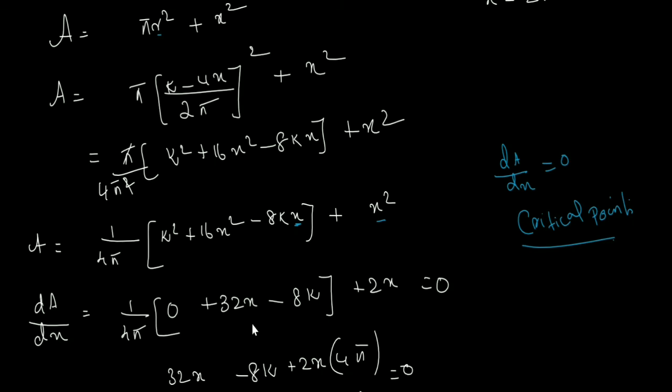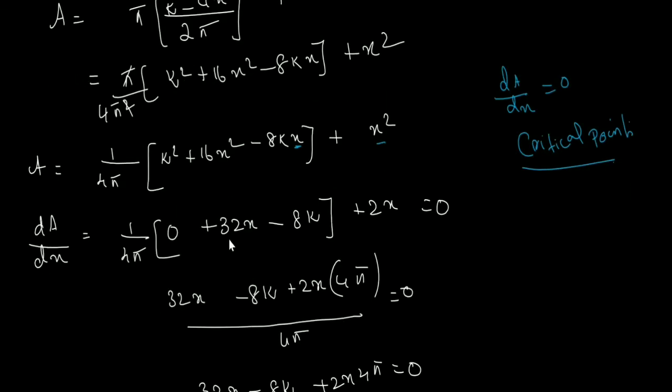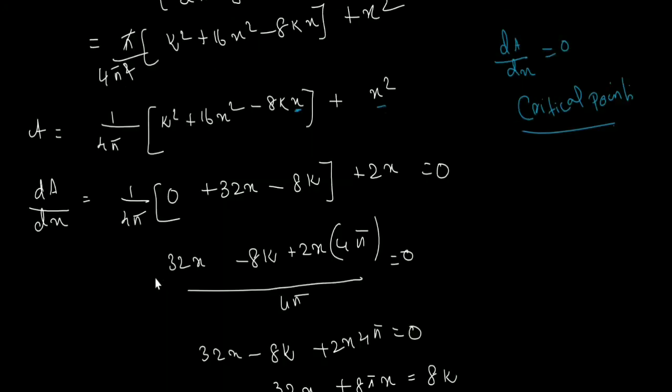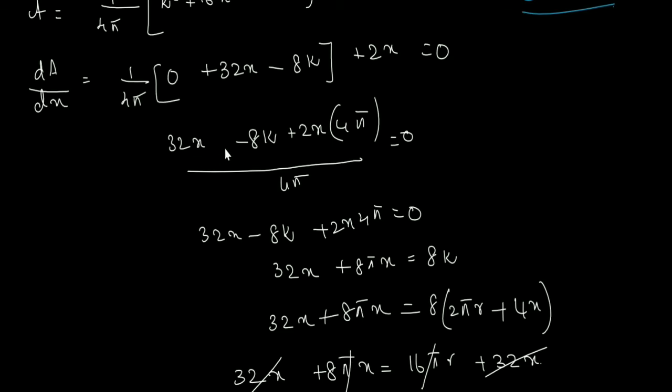That gives 32x minus 8k plus 2x, with the 4 pi multiplied in, equal to 0. Take the LCM: 32x minus 8k plus 2x into 4 pi, 8 pi x, is equal to 0. So 32x plus 8 pi x minus 8k, take it to the other side, it becomes 8k.